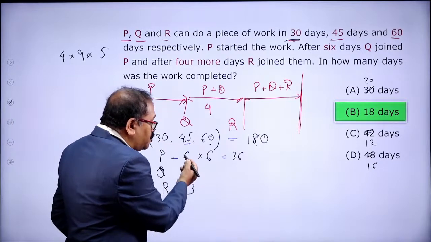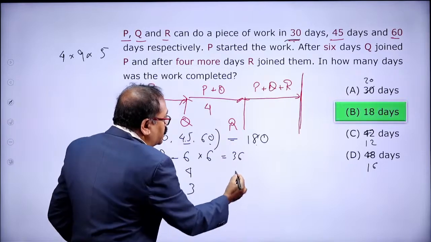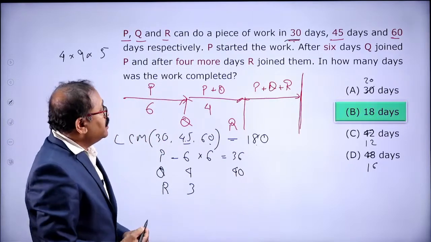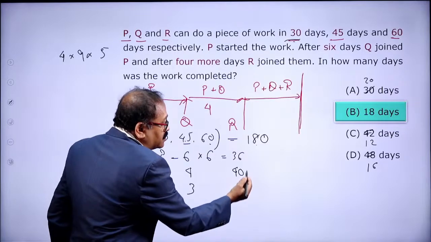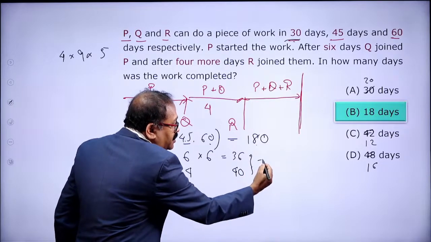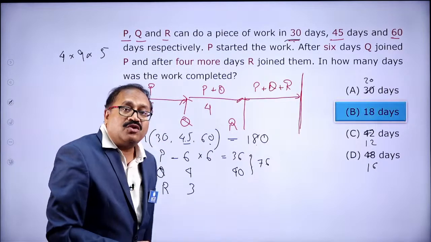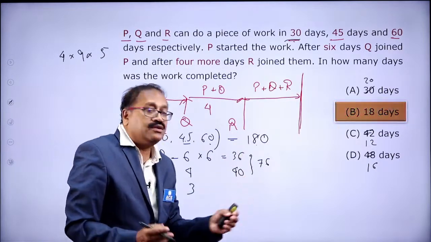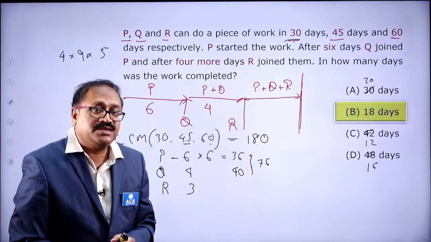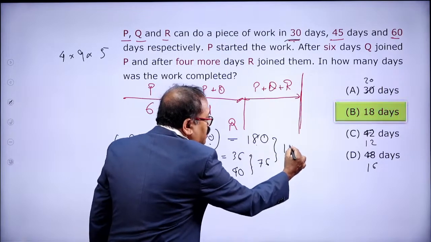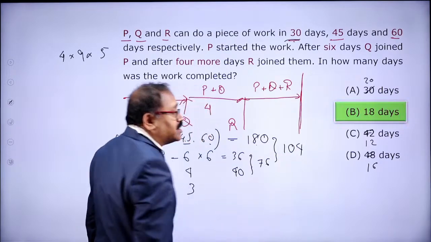So here 10 into 4 days, another 40 units are over. How many units are completed in total? 76 units. Then what is the number of units left? 180 minus 76, Basic Gyan ji. I am left with 104 units.